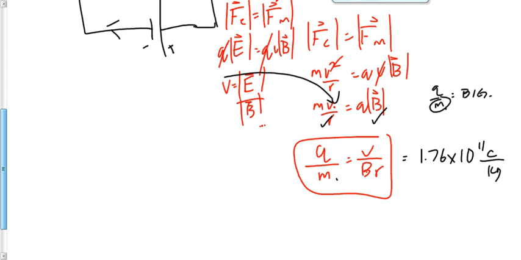If this number is bigger than anything else ever measured, then that mass must be smaller than anything else ever measured. It's smaller than the mass of an atom. If the mass of these cathode rays is smaller than the mass of an atom, then these particles must be smaller than atoms. Now we've got negatively charged particles that are smaller than atoms, or negatively charged subatomic particles.